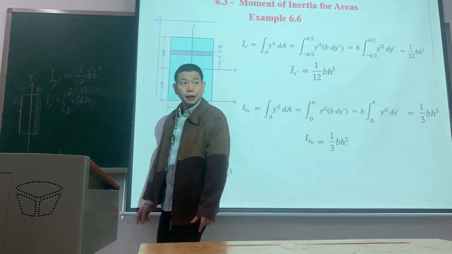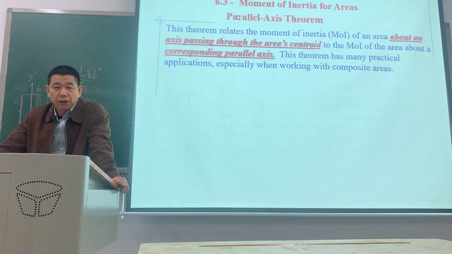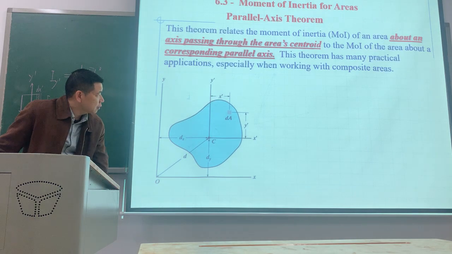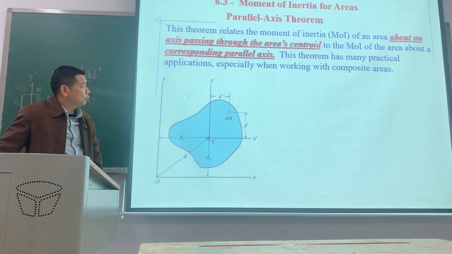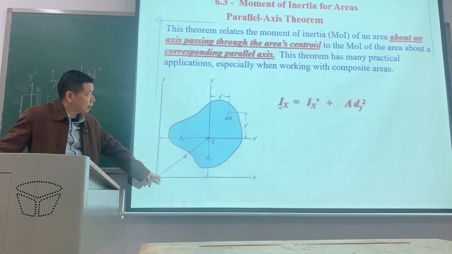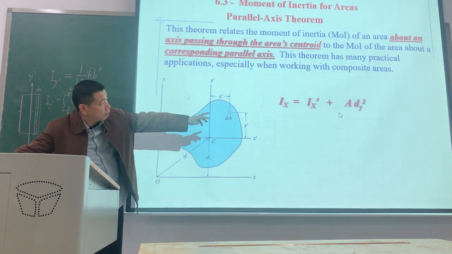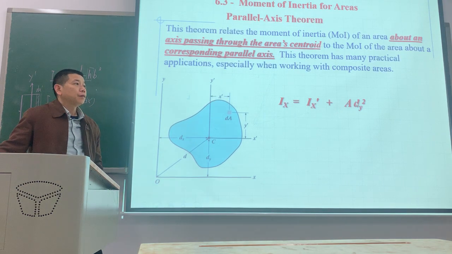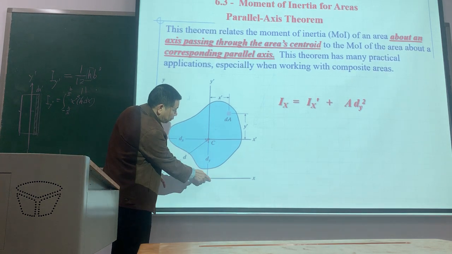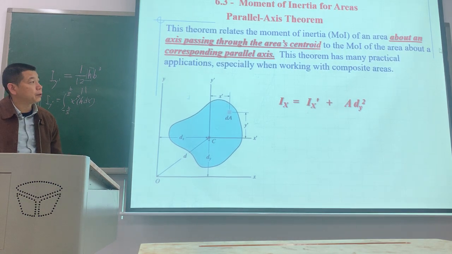There is a theorem, the parallel axis theorem. Suppose it is parallel. We will get Ix is equal to Ix prime plus A dy squared, where the distance between the two axes is dy. It is a theorem, a formula.